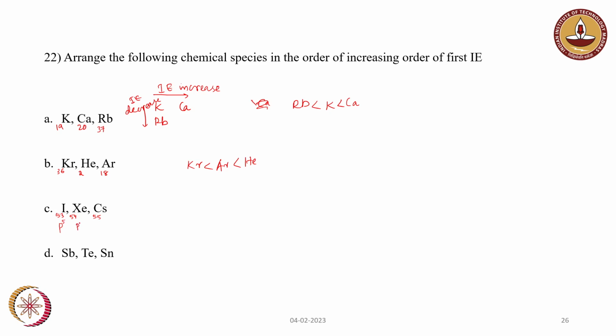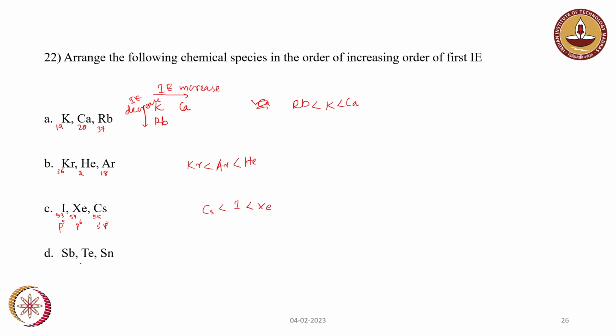This is p6, and cesium has s1 p0. So first ionization energy will be lower for cesium, since it's easier to remove one electron and become an inert gas. So cesium is the lowest, then iodine, then xenon. Xenon has the highest because it's completely filled, and it will be really hard to remove one electron from its p orbital.